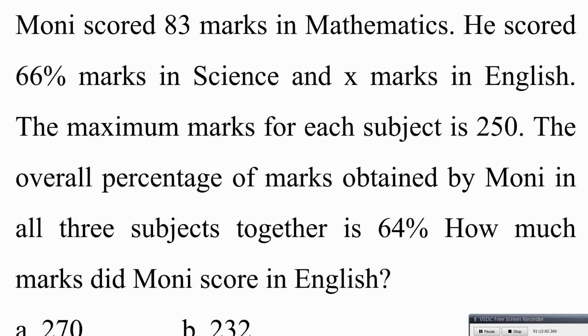See, what is the total marks now, 3 subjects together? 250 into 3, 750. Among 750, Moni scored 64% overall. So the 3 subjects' marks should be 64% of 750. That is 83 plus 66% of 250 plus X.